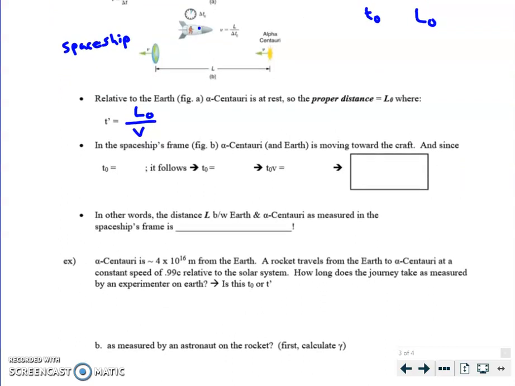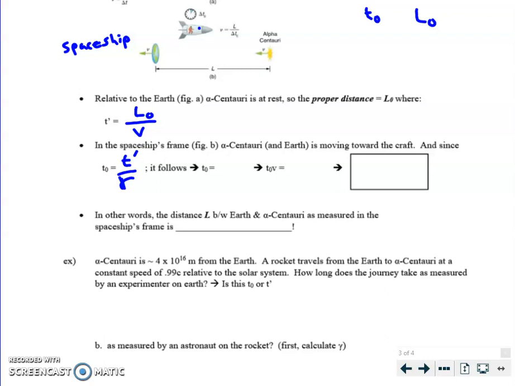So now what we want to do is relate this to this length here, and we're going to use the distinction between T prime and the proper time to make that connection. We already know from the previous equation that T naught, the proper time, is equal to T prime divided by gamma, the Lorentz factor. Review that on the other side, because we had it solved for T prime as T naught times gamma.